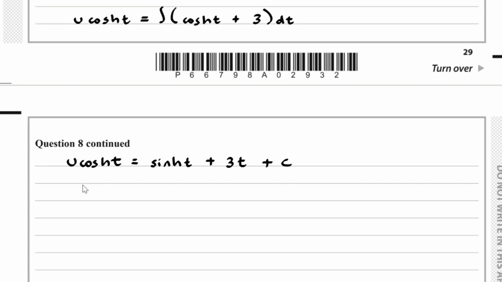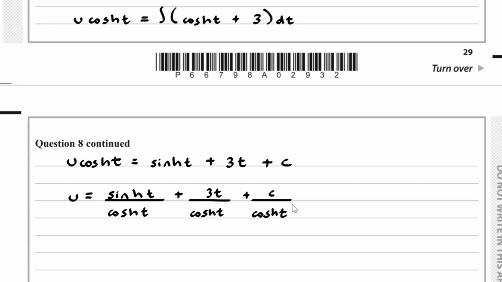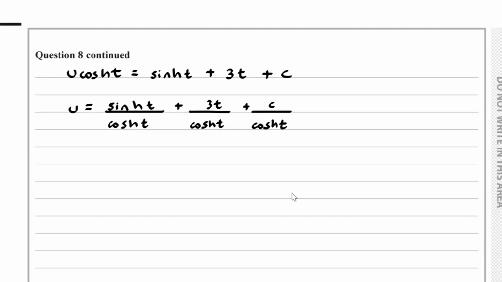And if I divide through by cos t, we've got u equals sine t over cos t plus 3t over cos t plus c over cos t. And therefore this is our general solution.